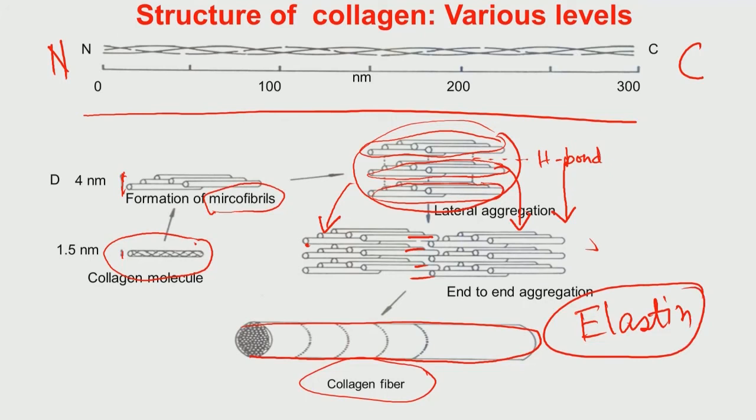Both collagen fibers and elastin, in view of their characteristic structure, provide structural support to the cells in the extracellular matrix. Whenever you see a fiber kind of structure, normally it represents a somewhat more robust structure compared to an individual molecular level or fibrillar structure.